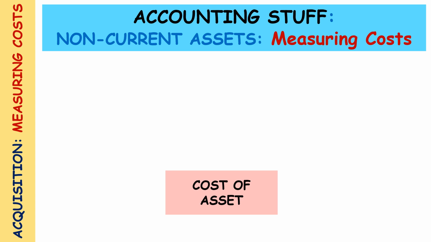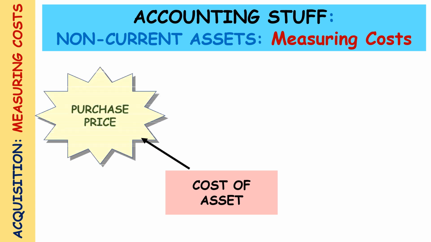Let's look at the first part of it, that is the acquisition part of it. Acquisition part of the non-current asset includes first measuring the cost, that is trying to find what is the cost of this asset. Remember, the cost of the asset includes the purchase price, whatever you paid for the asset itself.